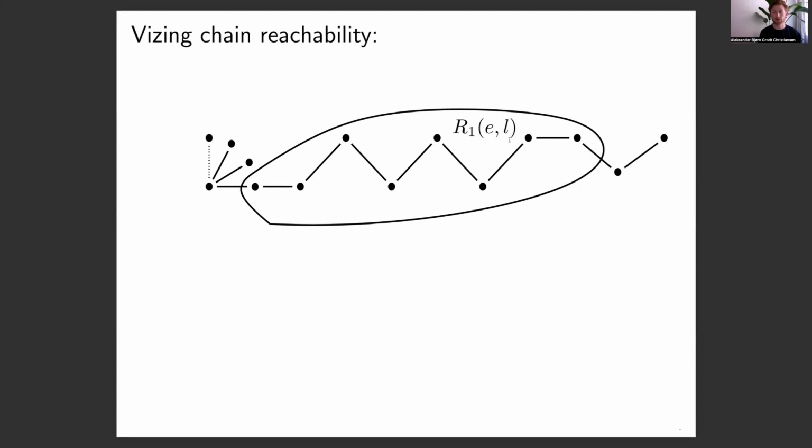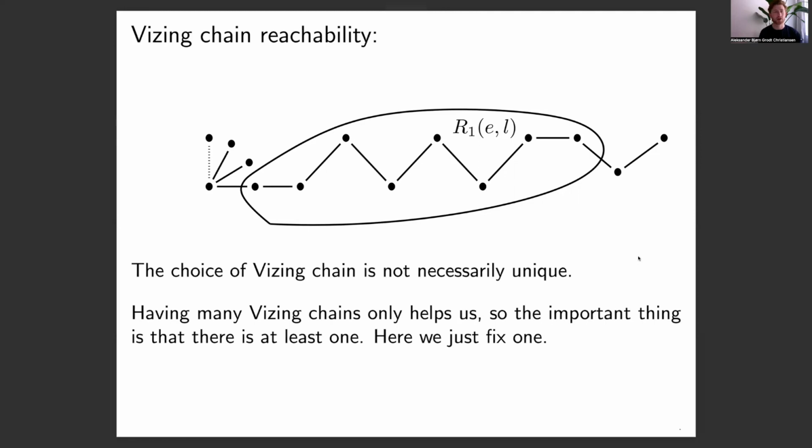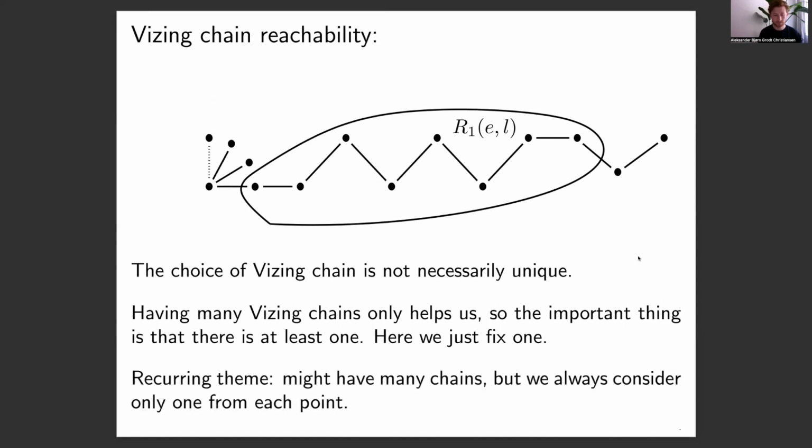Note that this choice of Vizing chain is not necessarily unique. You make a choice when you construct a fan, about which color you want to consider available. But it doesn't really matter, because having more Vizing chains will only help the arguments. So we're always going to pick one and fix it.